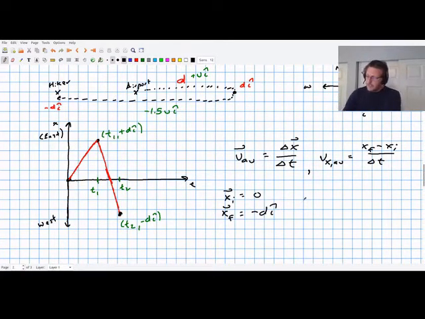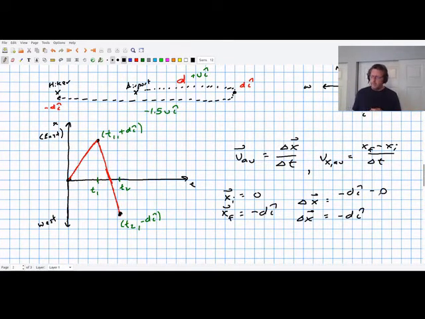So that means delta x vector is negative d i hat minus 0. So the displacement is negative d i hat for the whole round trip. And remember, the displacement doesn't care how you got there. Figuring out the displacement, it doesn't matter that they went the wrong way first. You just need to know that the starting location was 0 and the ending location was negative d i hat.